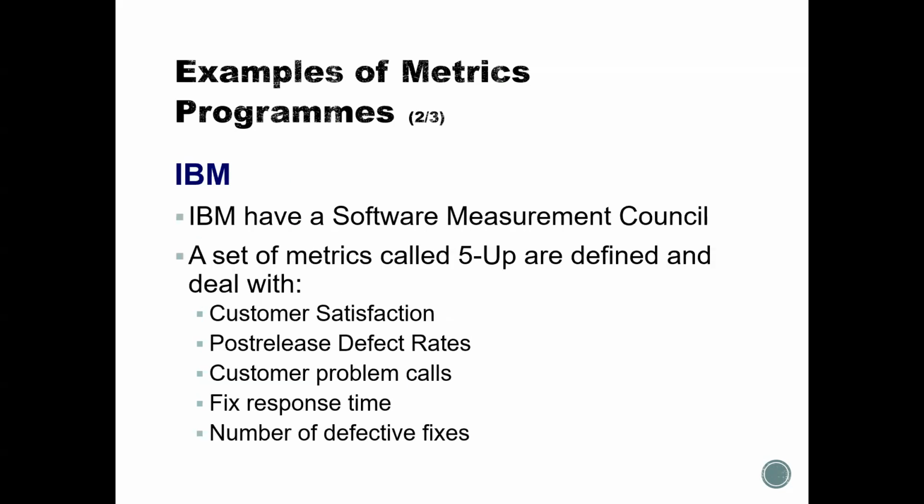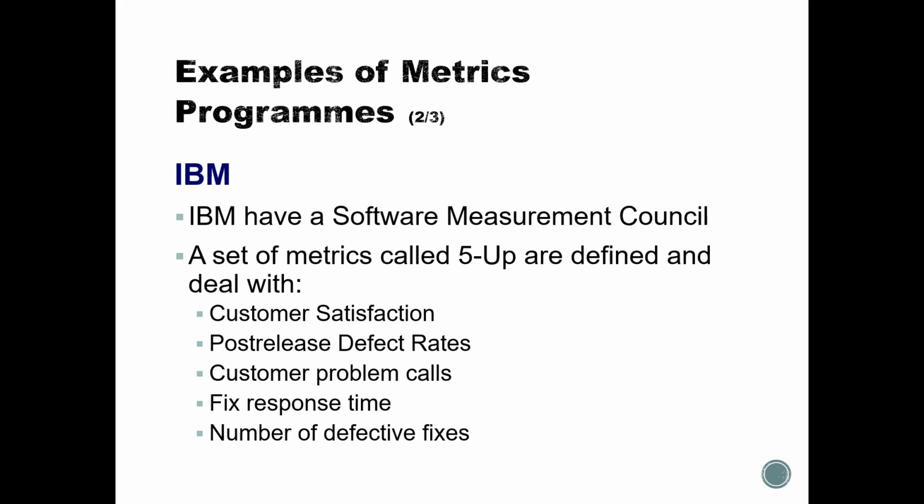And next, we have IBM. The main goal of IBM is customer satisfaction, with measures like post-release defect rates, customer problem calls, fix response time, and number of defective fixes.